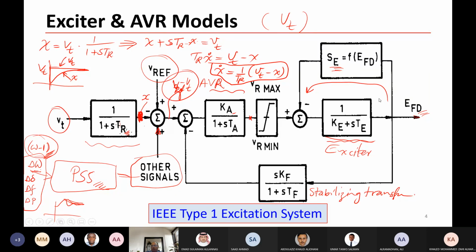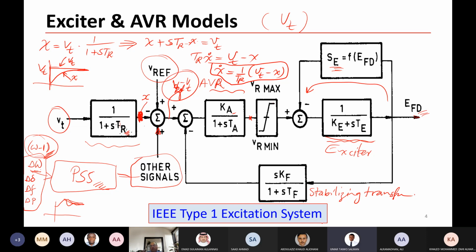Now my question is, what is the exciter in real life? What do you think? What is the exciter physically? Omar? The exciter may be some form of DC source.